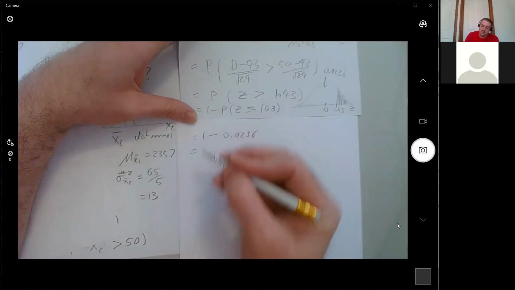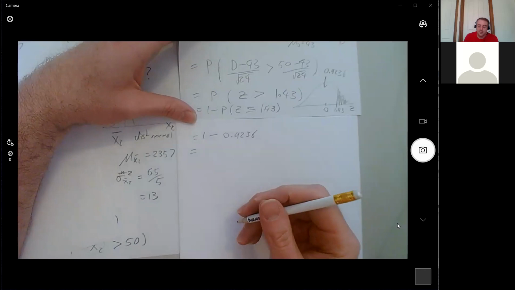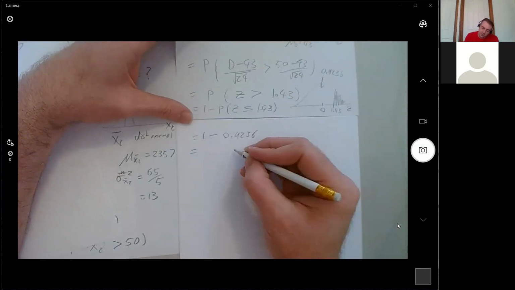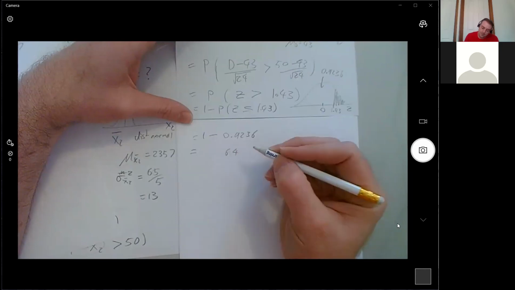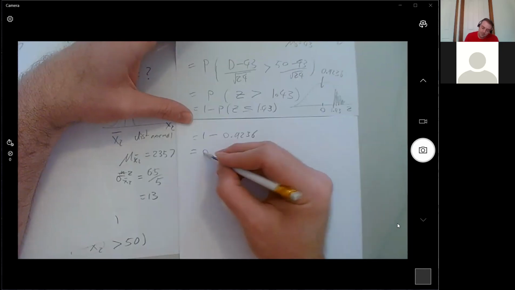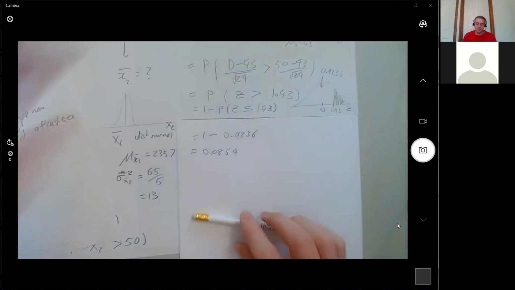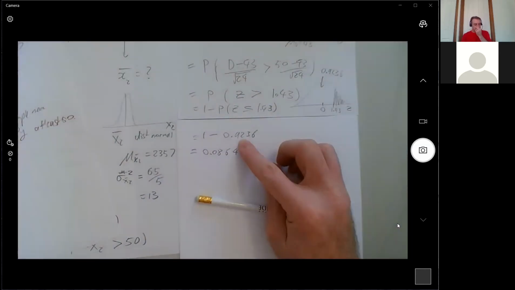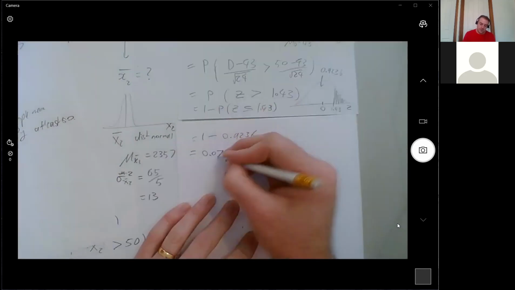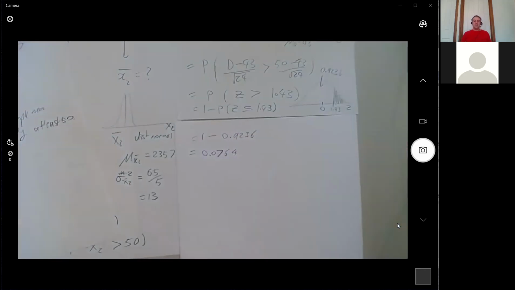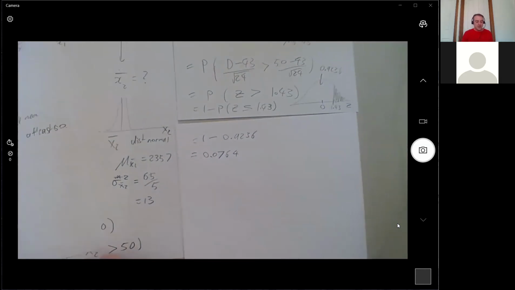And so therefore that's whatever that works out to be, 1 minus that. I think that works. And that's the probability.